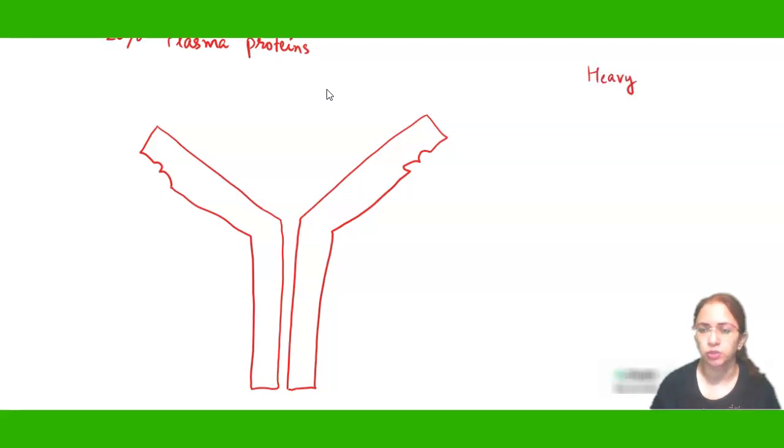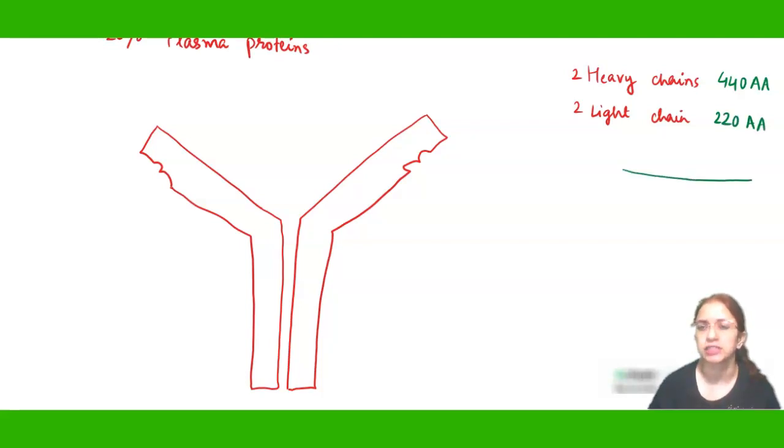In any antibody, there are two heavy chains and two light chains. As it is a protein molecule, it's a polymer, and the monomer unit would be amino acids. There are 440 amino acids in the heavy chain, and 220 amino acids in the light chain.